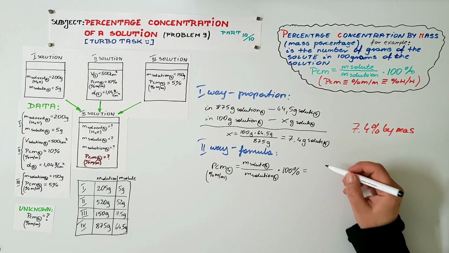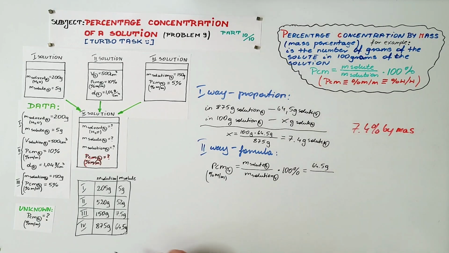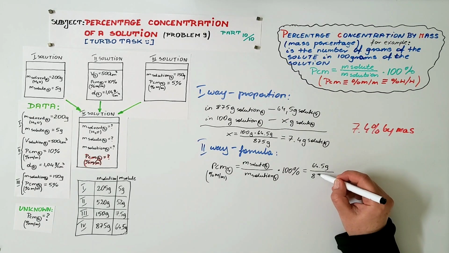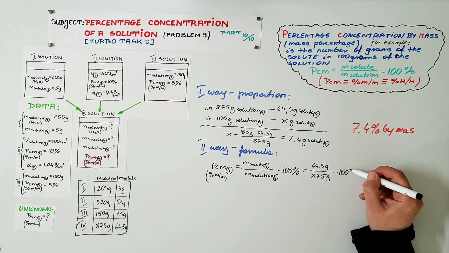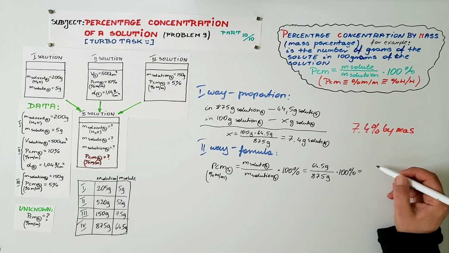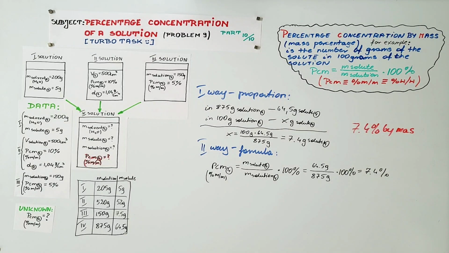So 64.5 grams over 875 grams multiplied by 100% equals 7.4%. The answer for this problem is of course the same. The percentage concentration by mass of the resulting solution is 7.4% by mass.